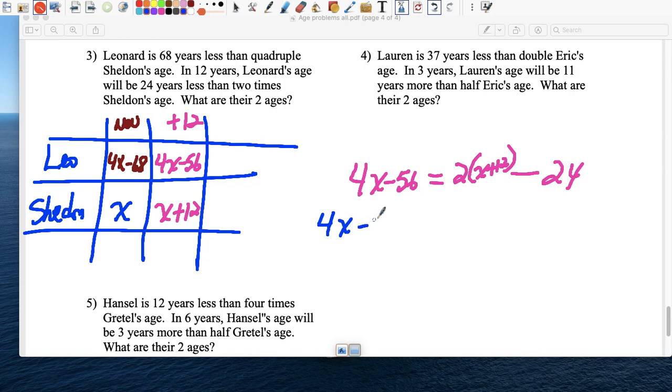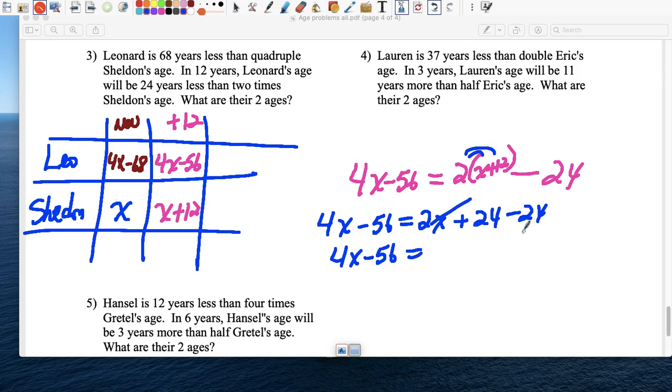4x minus 56 equals 2 times x plus 2 times 12, which is 24, minus 24. On the left side is 4x minus 56. On the right side, these two go away. I'm left with 2x.